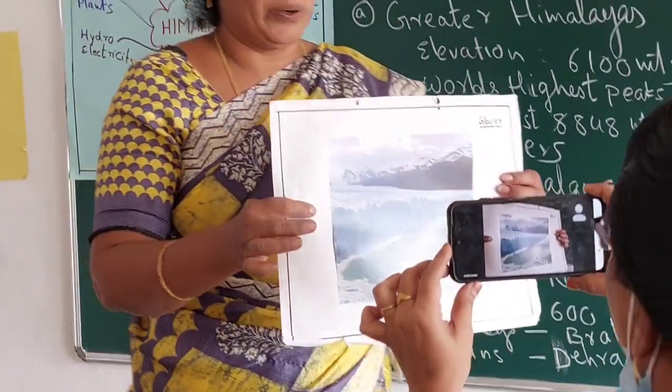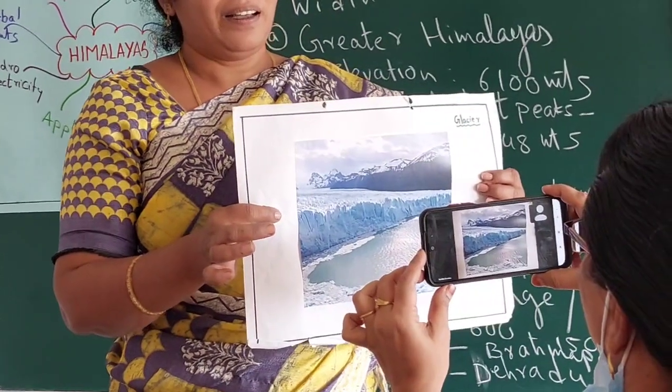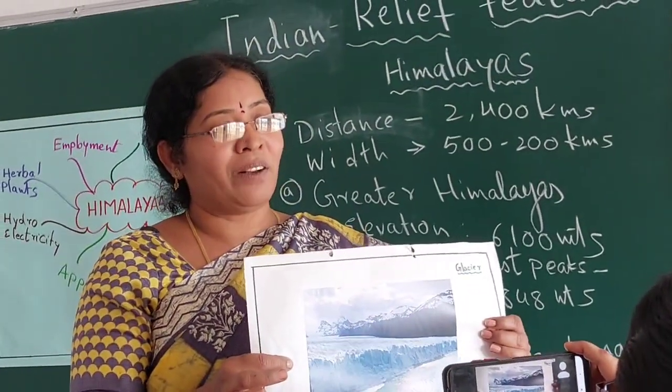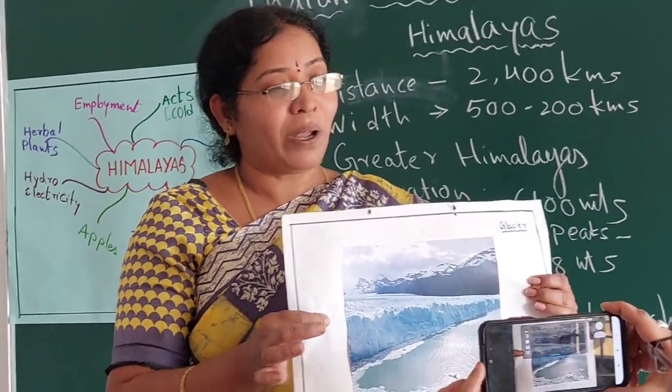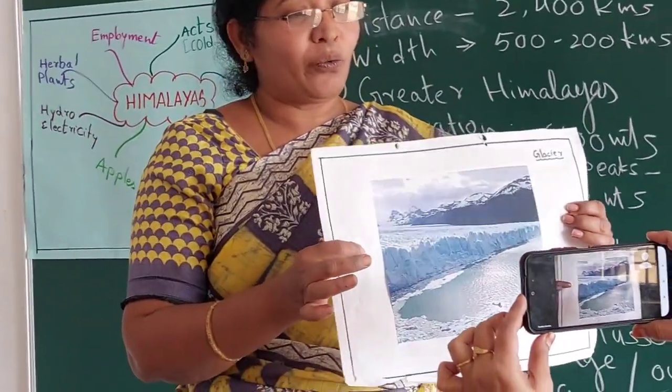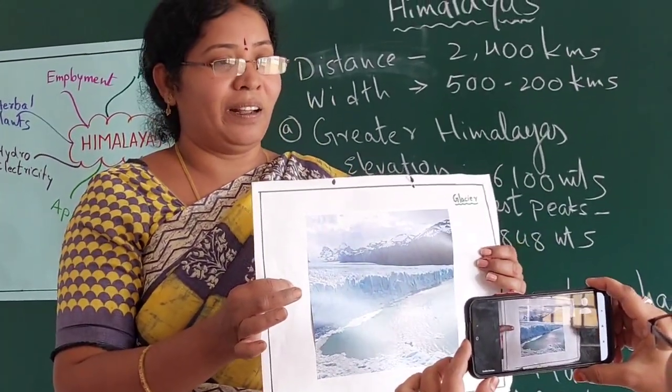What is a glacier? A glacier is a huge piece of ice. When the snow keeps falling, one day it becomes hard like a rock. Then we call it a glacier. So you find very big glaciers in this particular region.